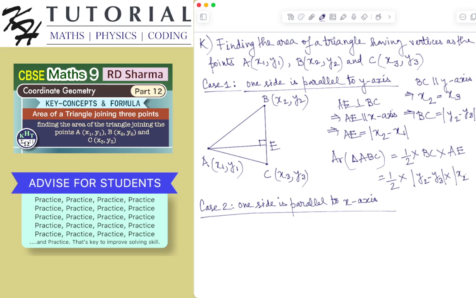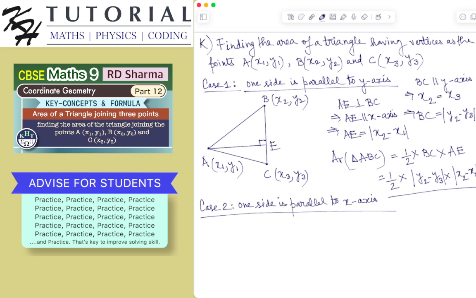Never try to memorize this; please try to understand the concept I am applying. This is not a formula for finding the area of a triangle where the coordinates of the vertices A, B and C are given and BC is parallel to the y-axis.